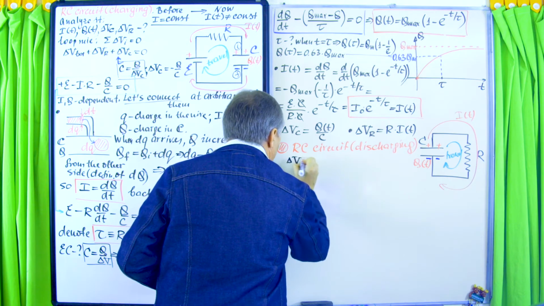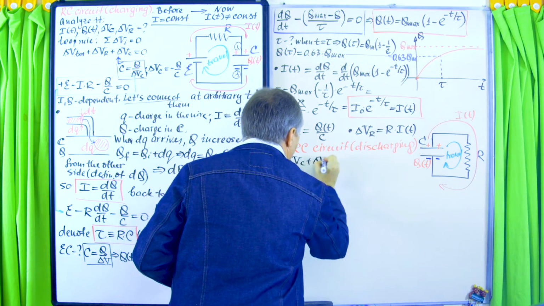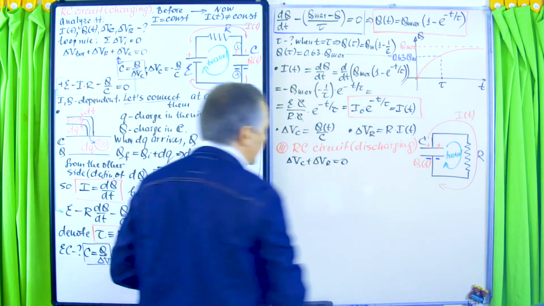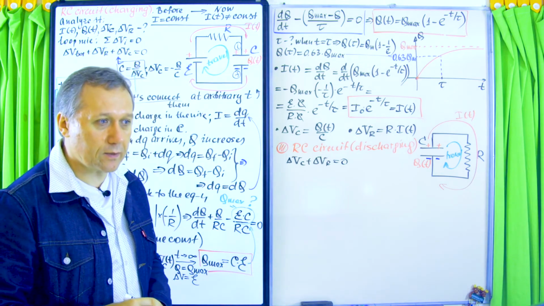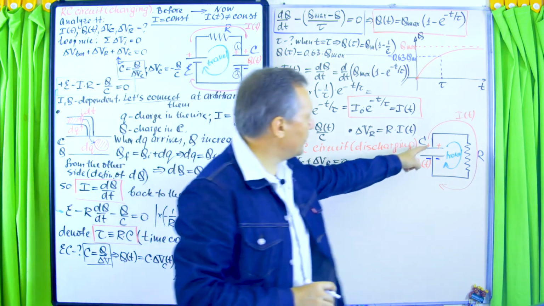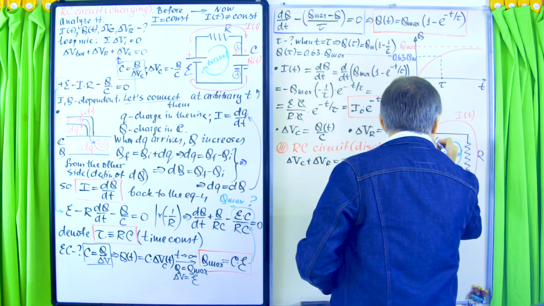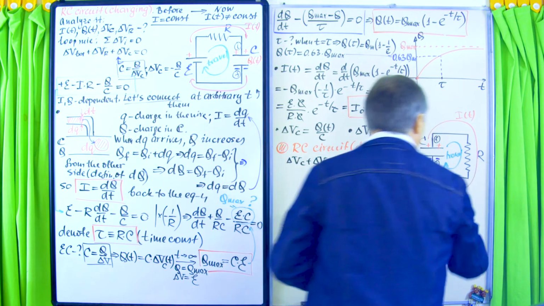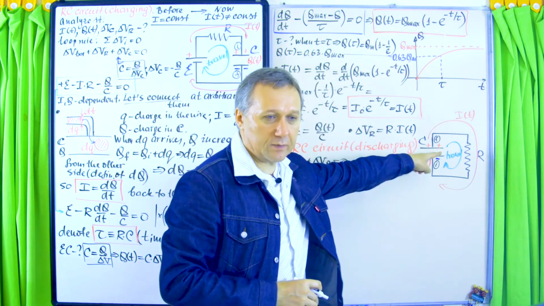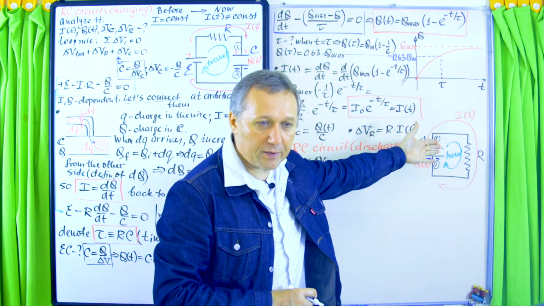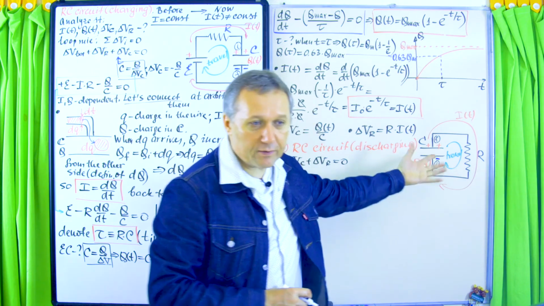Delta V across the capacitor plus delta V across the resistor equals 0. So delta V across the capacitor, positive or negative? Look, we're traveling this way. So this is our initial point, and this is our final point. The final point is positive, so it's at higher potential. The initial point is negative, at lower potential.